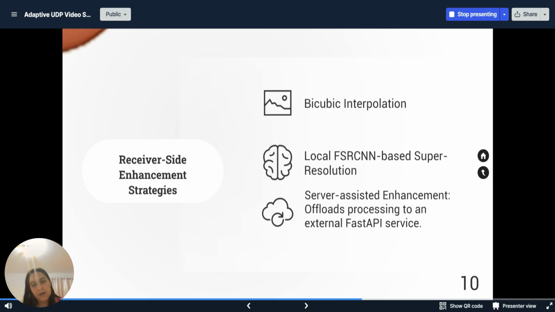The local FSR-CNN, the convolutional neural network, actually learns what a high quality pixel looks like and guesses it from the lower ones. The server-assisted one is doing interpolation, but is also doing filtering and sharpening. So it's a more advanced bicubic interpolation.